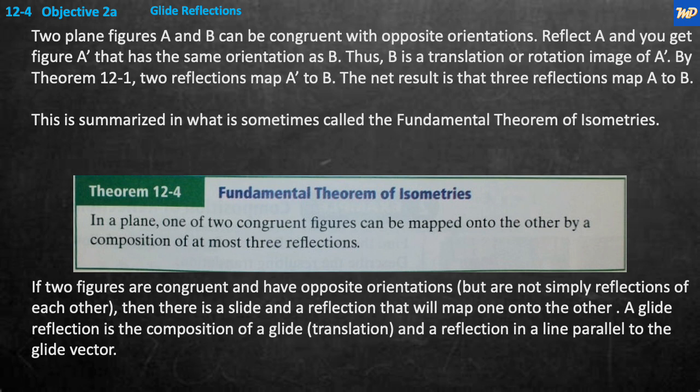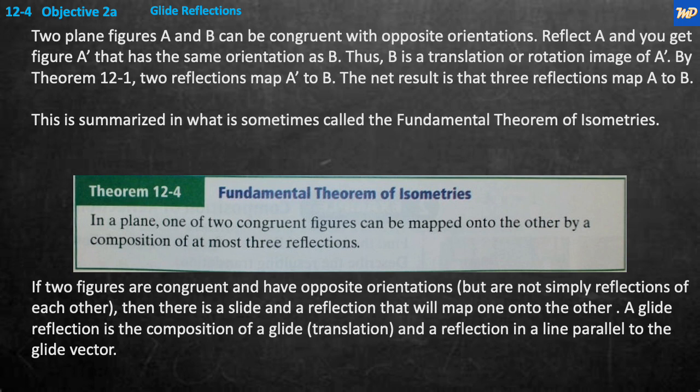So thus, according to our theorems 12.1, 12.2, 12.3, mostly by 12.1, B is a translation or rotation image of A. By theorem 12.1, two reflections map A prime to B. The net result is that three reflections map A to B. So with the two translations we mapped A prime to B, because that's what theorems 12.1, 12.2, 12.3 all say.